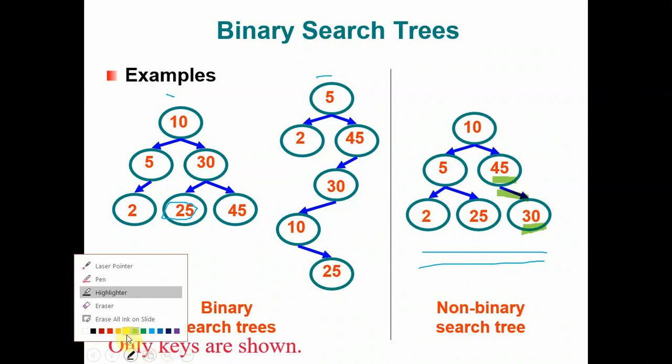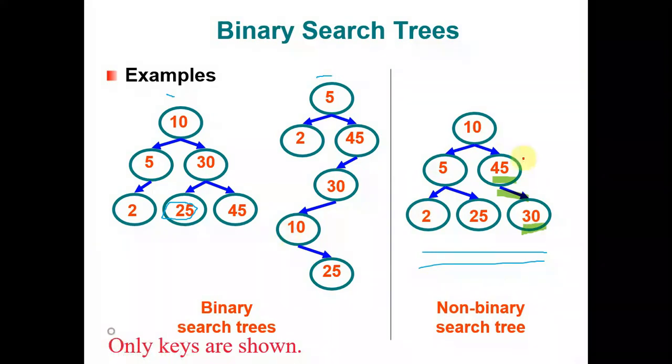Second, this 25 is on the left of 10. It also violates the rule that all the nodes on the left of a node should be less than that node. Therefore, you can see that for this one, there are two ways to show that it is not a proper binary search tree.